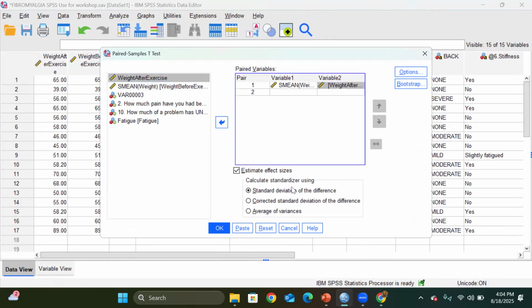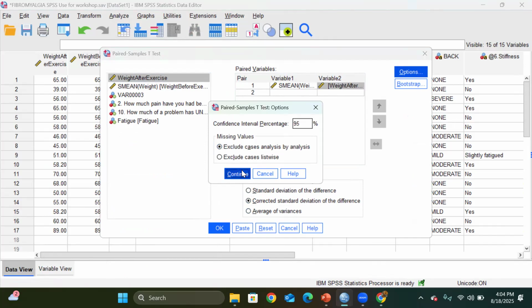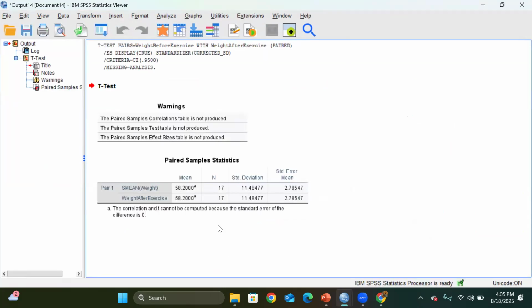For standard deviation, I need the corrected standard deviation. Also calculate the effect size in the options. I go for 95% confidence interval and okay. So it's saying that your mean weight before exercise was 58 and mean weight after exercise was also 58. What about the standard deviation and the standard error? It's all given here.